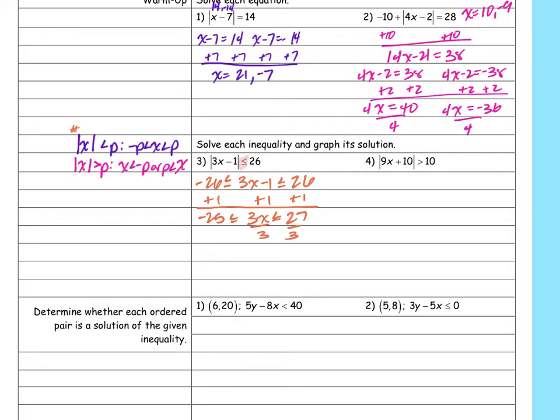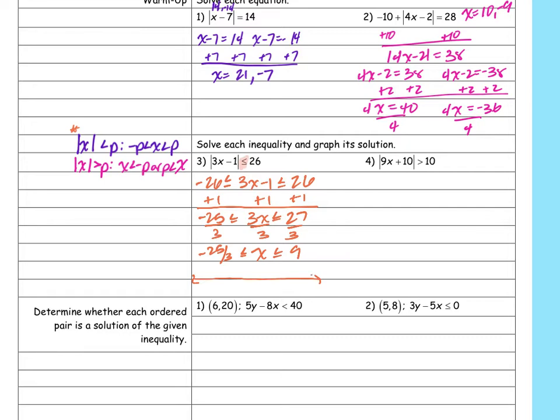Divide by 3 everywhere. That gives me negative 25 thirds is less than or equal to x, which is less than or equal to 9. And then I said I'm supposed to graph it, so 3 goes into 25 8 times.